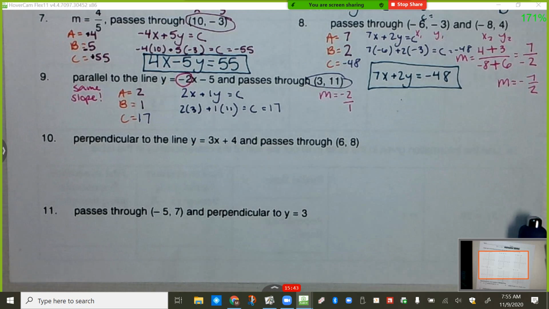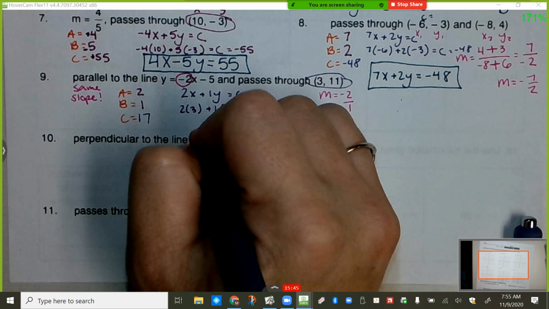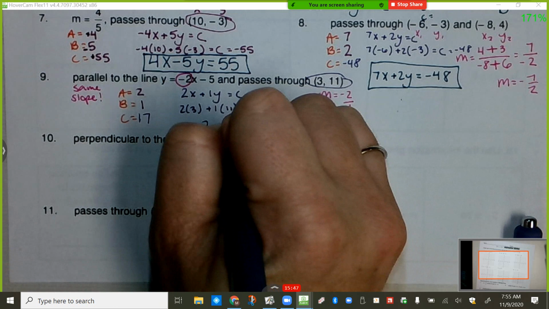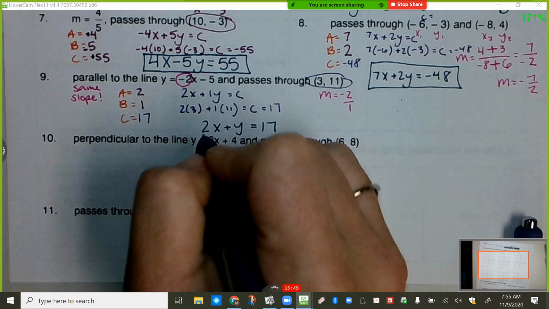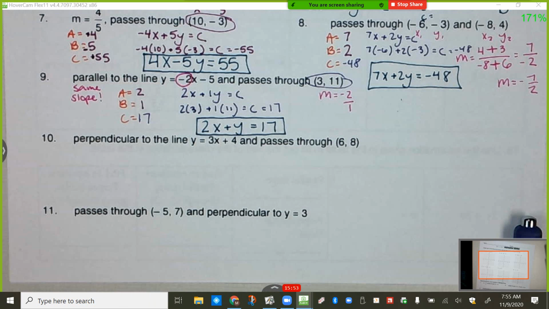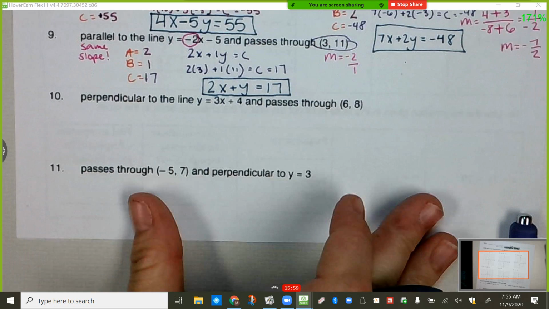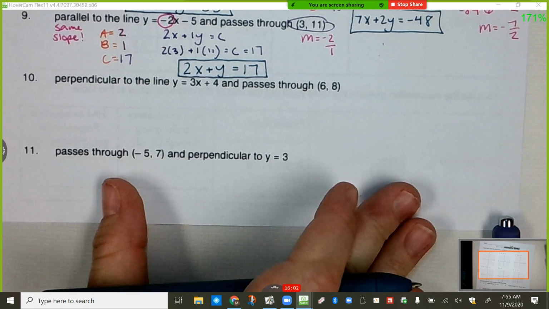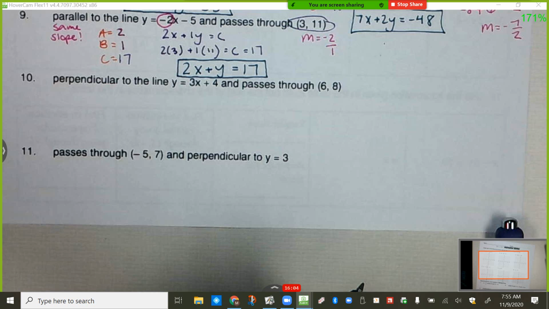So a is positive, so I can literally just write it out. 2x plus y equals 17. Do I have to put that 1 in front of my y? No. If you do, it's not wrong. It would be totally fine. Just know if you're online and you put a 1 in front of your y, it might count it wrong, but don't worry. I go back through and I will fix it.